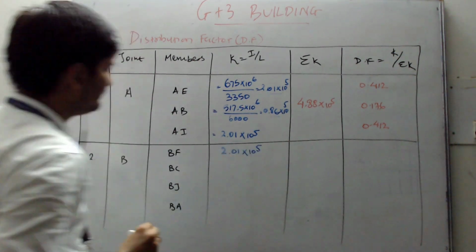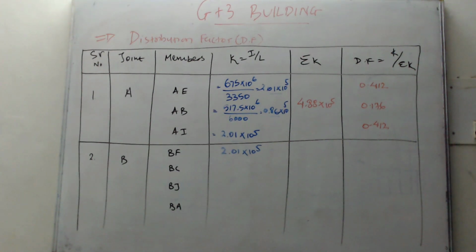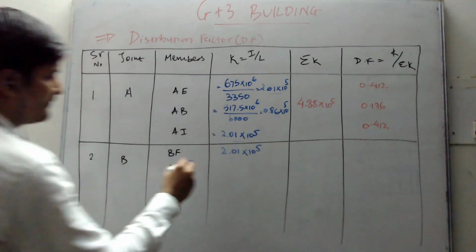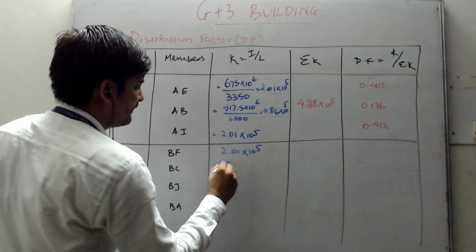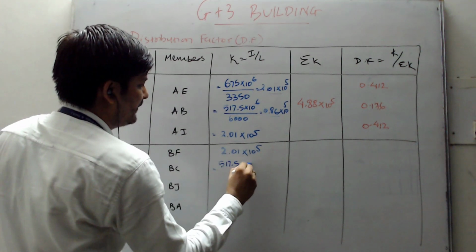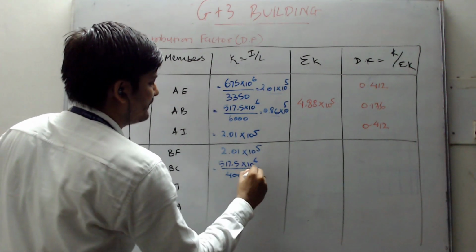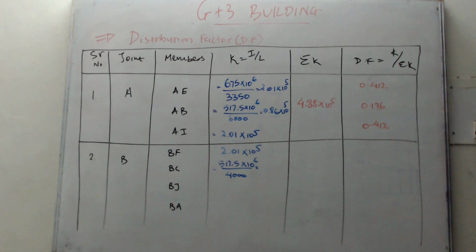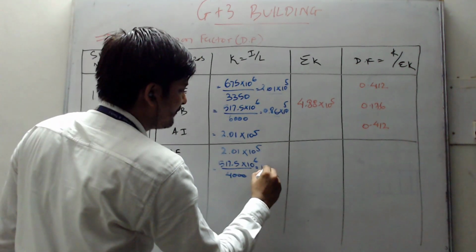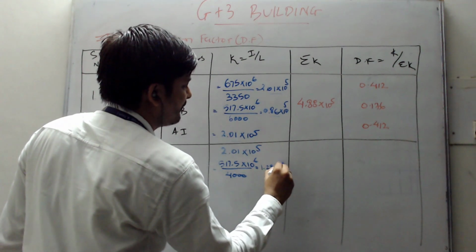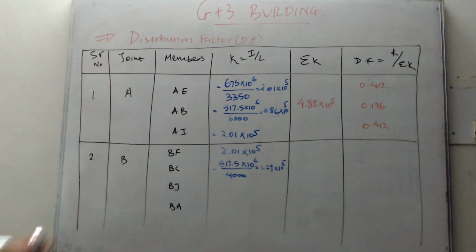BC is a beam, so we need to calculate this: 517.5 into 10 raised to 6 divided by, here the length is 4000 now, right? Length is 4000 for BC, so 1.29 into 10 raised to 5. For BJ and BA, BJ is again similar to column, so 2.01 into 10 raised to 5.